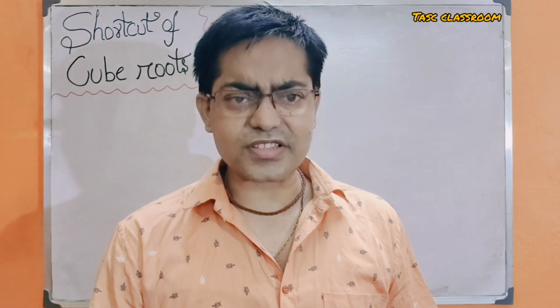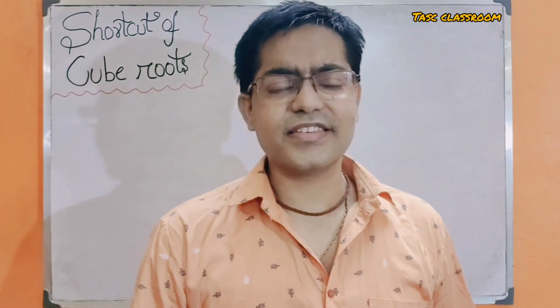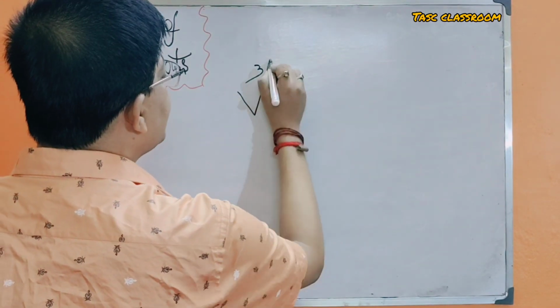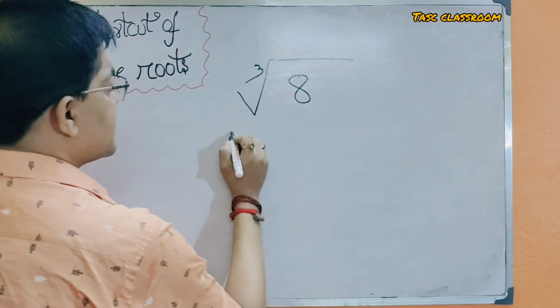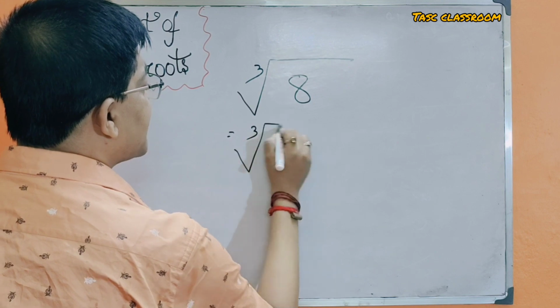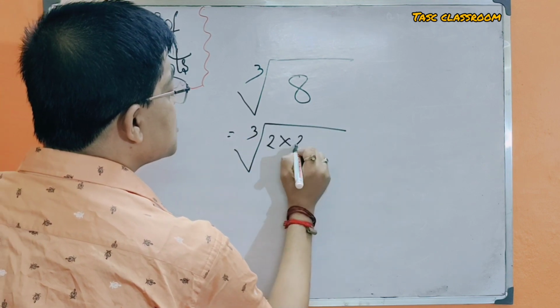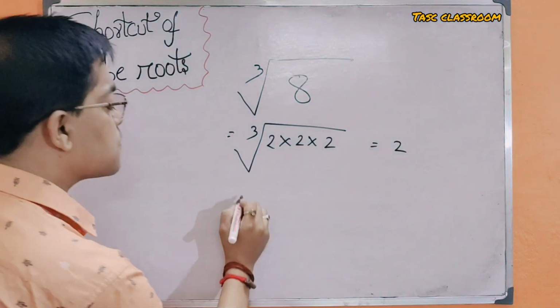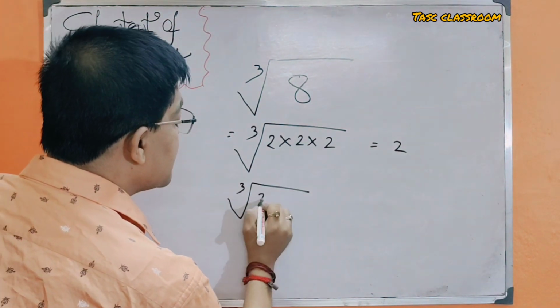What is a cube root? If I ask you what the cube root of 8 is, you can easily say that it is 2, since 2 into 2 into 2 is 8. What is the cube root of 27?